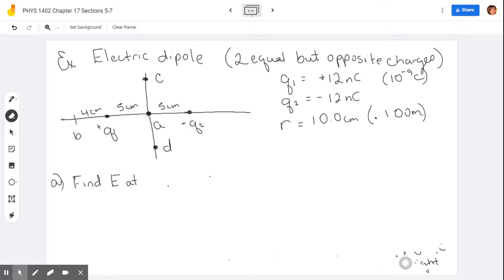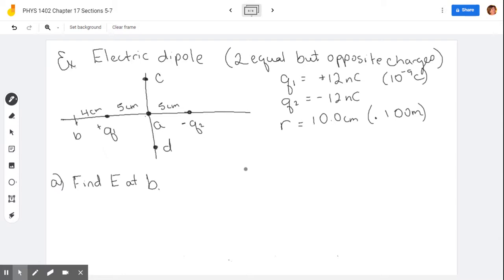Thought it would be easier to erase than to start over on the next page. So we want to find it at B. Now you can see Q1 and Q2 are going to definitely have different electric fields at point B. The electric field due to charge 1 will be pretty strong because B is pretty close. It's going to be pretty weak for charge 2 because it's pretty far away.